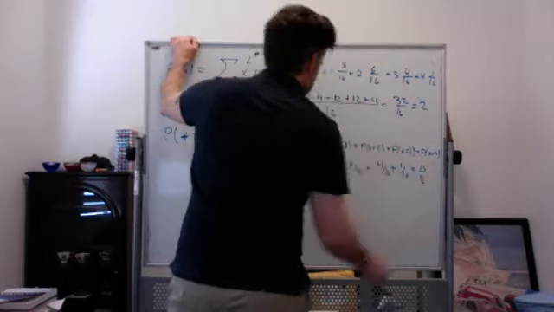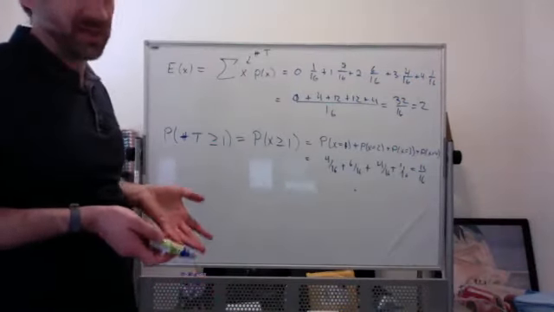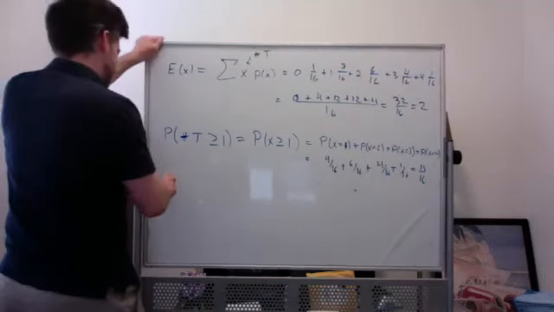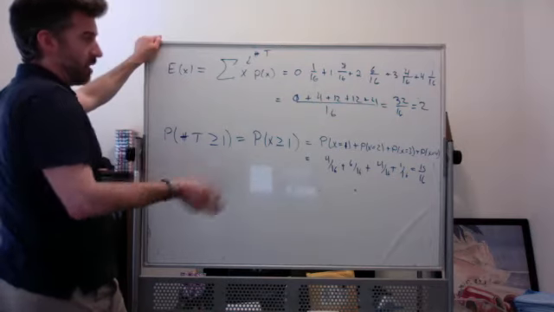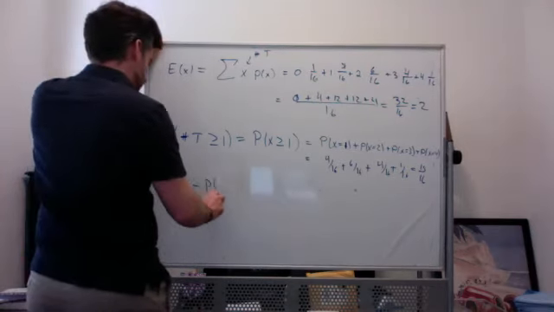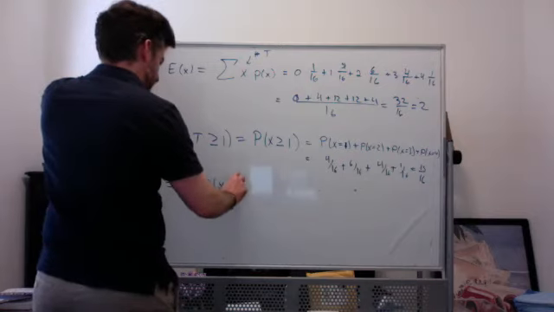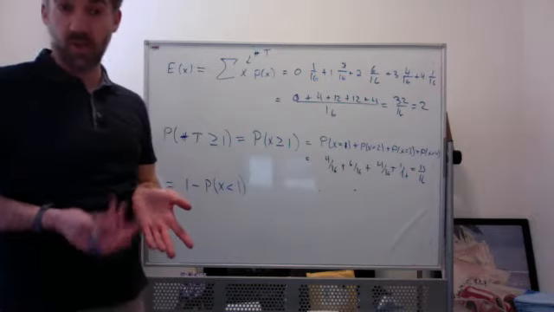But the easier way to do this is to use what's called the complement rule. Instead of saying what's the probability that x is greater than or equal to 1, I can say that's 1 minus the probability that x is less than 1, because all of the probabilities should add up to 100% or 1.